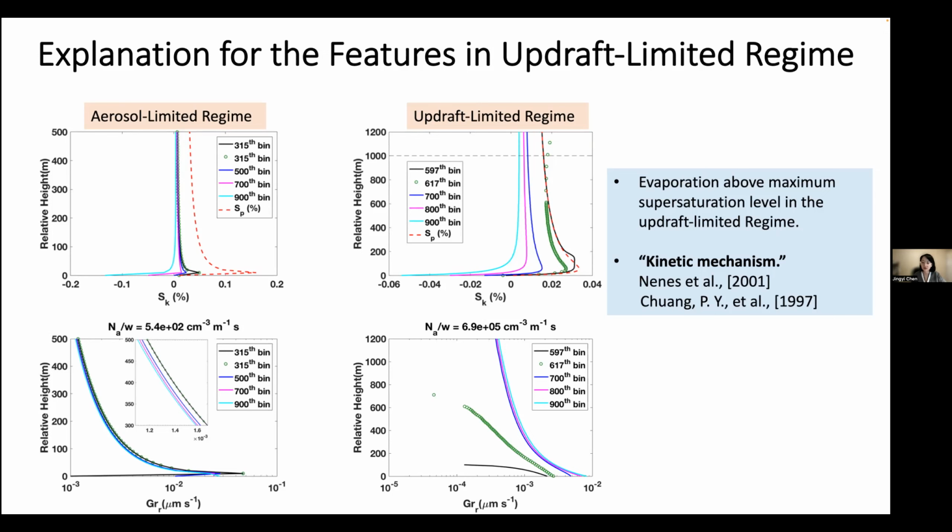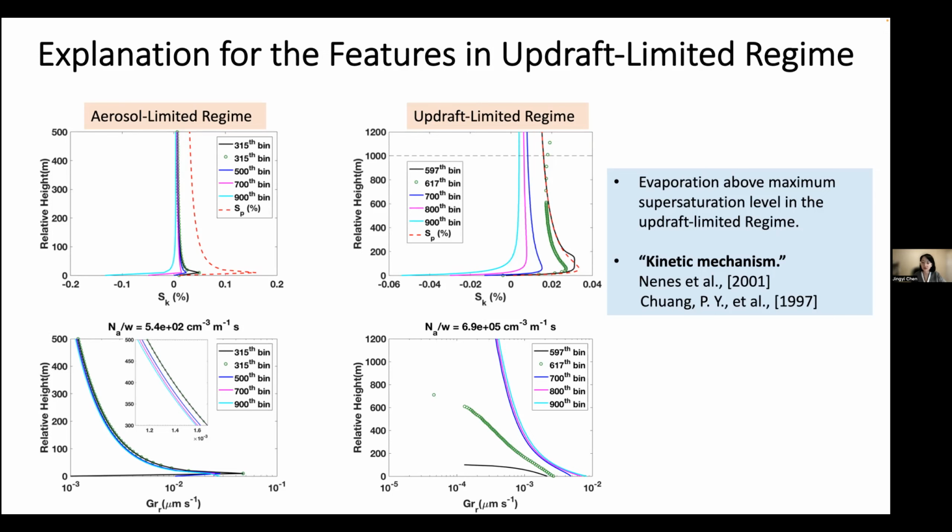To further see the importance of the equivalent supersaturation in the result, we conducted a sensitivity study. Here we have the dS_eq/dR assumed as 0 by keeping the equivalent supersaturation of each droplet constant at a particular value. Then these five figures show the same properties as we showed before.